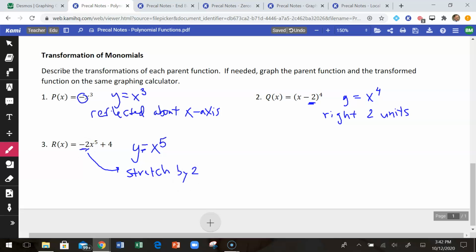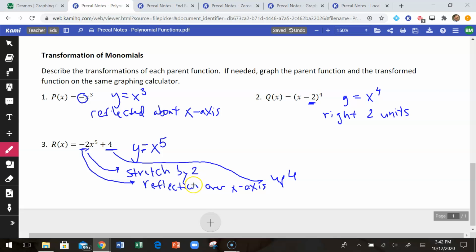The negative in front, that is a reflection, just like number 1 here. That is a reflection over the x-axis. And the last part, this plus 4, is then, after all that, a translation up 4. Okay, so we've got a stretch by a factor of 2 vertically, a reflection over the x-axis, and then a translation up 4 units.